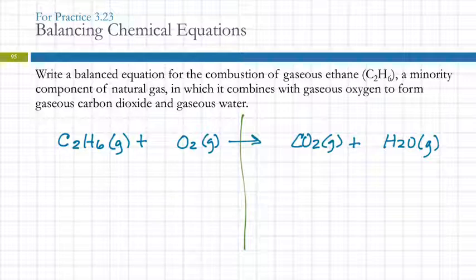So I'm going to draw a line down the middle, because that's where I'm trying to balance things. And then on the left side, I'm going to list the different elements, and I just go in order that they appear. So we have carbon, we have hydrogen, we have oxygen, and I'm just going to take inventory. So under this one, there's 2 carbons, so I'm going to write a 2 there. And over here, there aren't any carbons, so I'm just going to put a dash. This one has 6 hydrogens, so I'm going to write a 6 here.